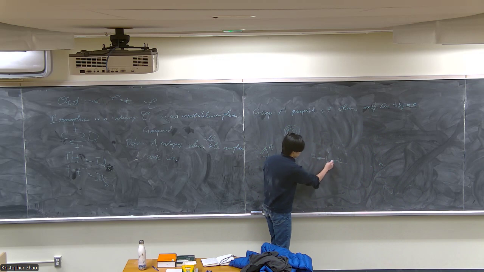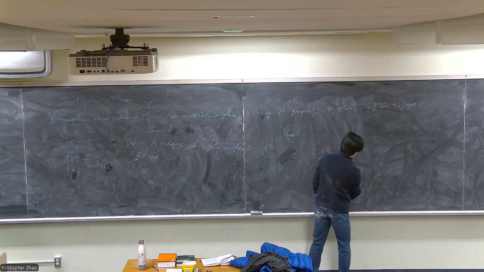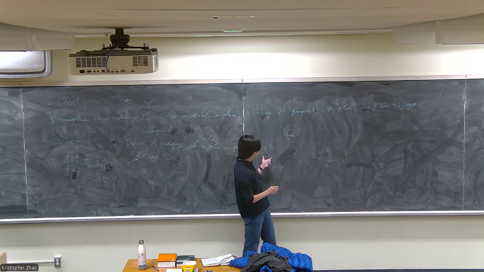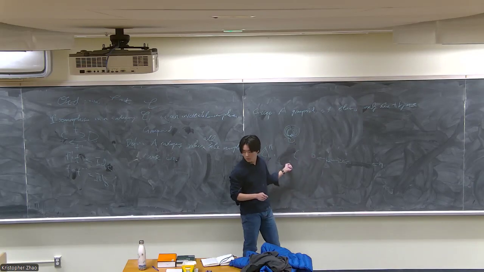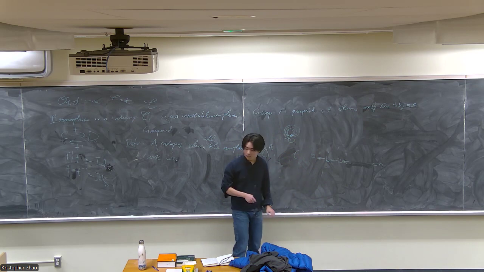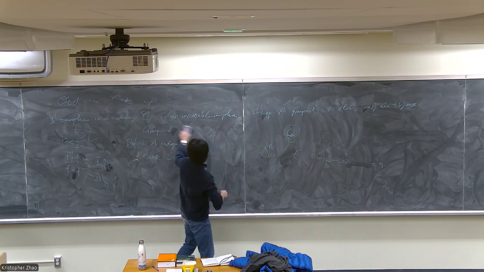This is called the linear ordered category. The objects are just natural numbers, and there's a morphism if one is greater than the other. Maybe we want to keep this category in mind, and we can move on.